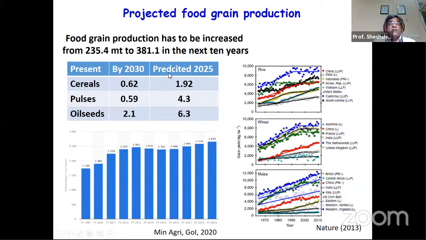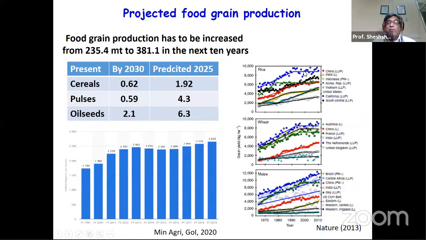What we have now is that the annual growth rate of cereal production is 0.6. This is not 2030; this is now. What needs to be achieved in the next 10, 15 years, or maybe 30 years, is about 3 times more in all these crops, cereals, oil seeds and pulses, and definitely vegetables.